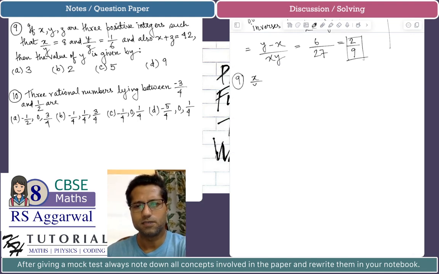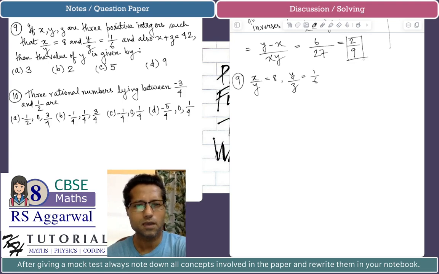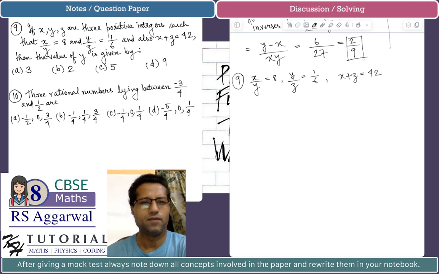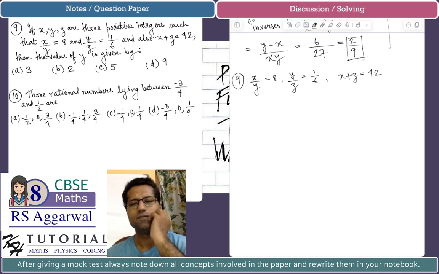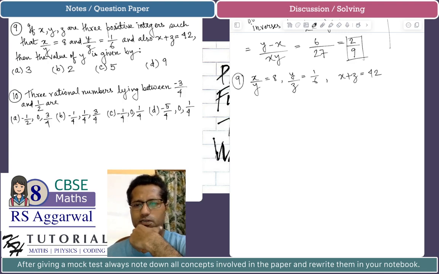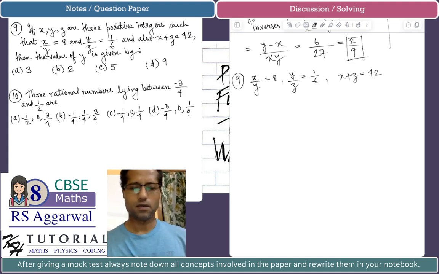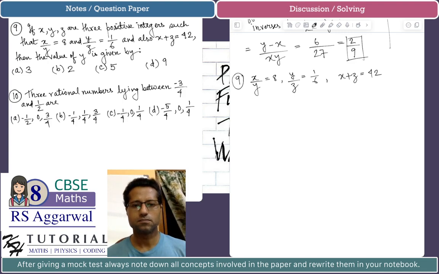It is given x by y equals 8, y by z is equal to 1 by 6, and x plus z is equal to 42. Then the value of y is, we have to find y from these three equations.